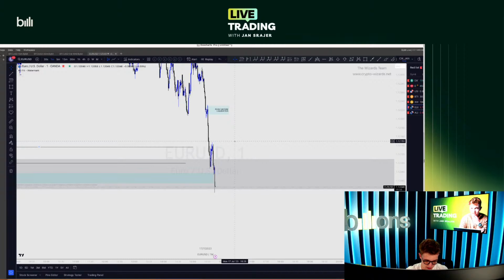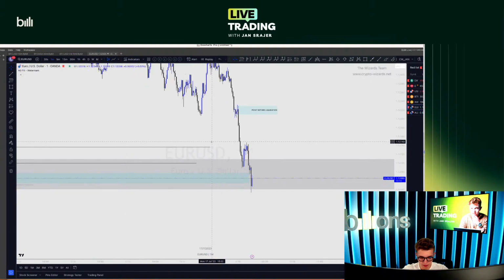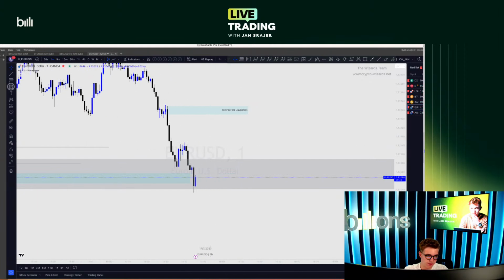Currently, the trader is loading up, $700 in profit, so that's good. Good to see this. So EU should reclaim this level.